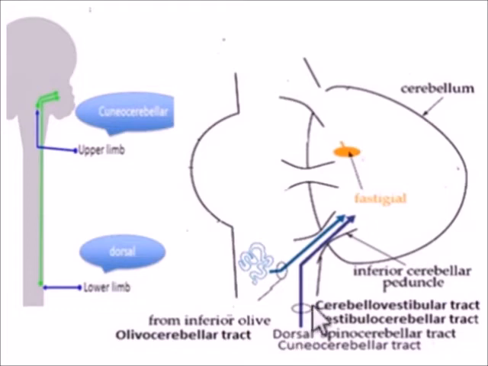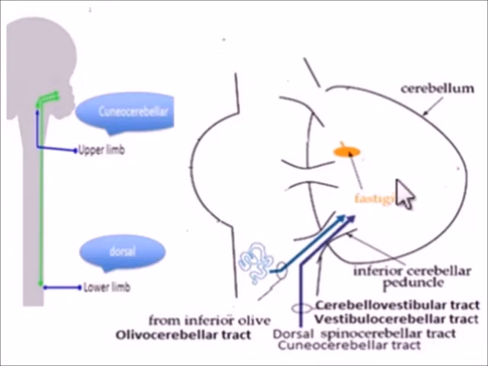So we have noted here that it is the dorsal spinocerebellar tract and cuneo-cerebellar tract that carry proprioception from the lower limbs and from the upper limbs and go through the inferior cerebellar peduncle to the spinocerebellum.